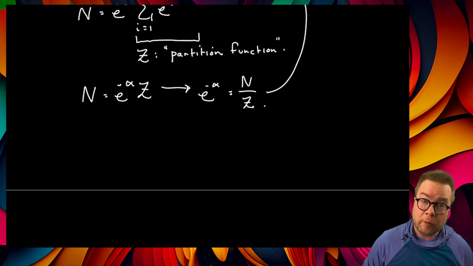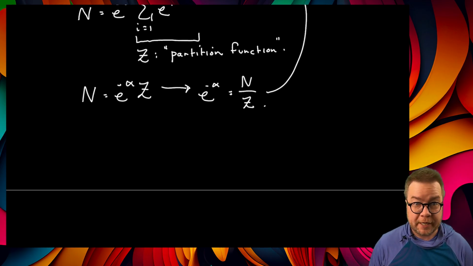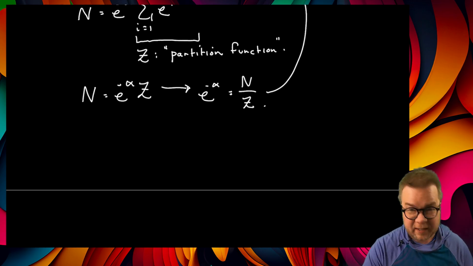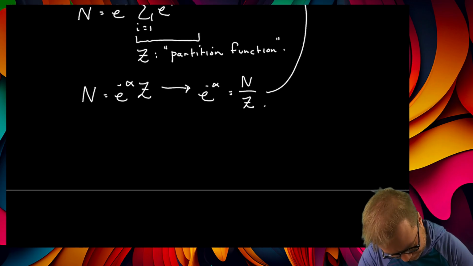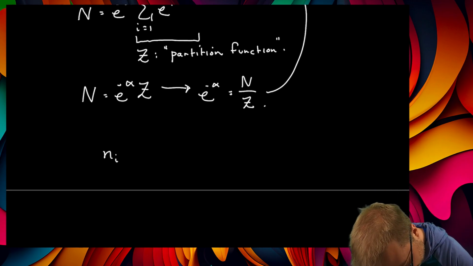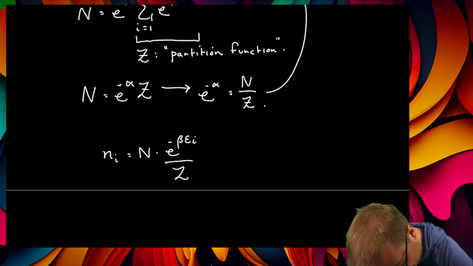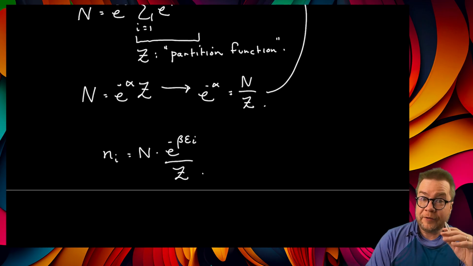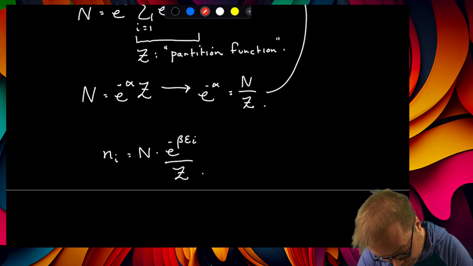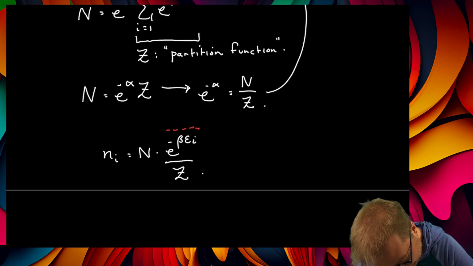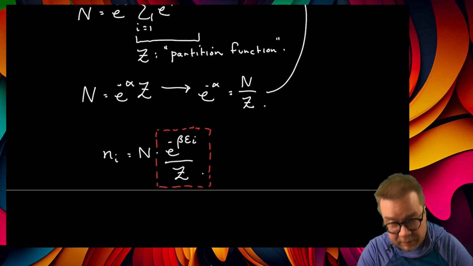After all of that work, what we figured out is the distribution, or the partitioning, of the particles in these different configurations I. And so n sub I is going to be N times e to the minus beta epsilon I divided by Z. If you think about what this is telling us, this thing is a probability.